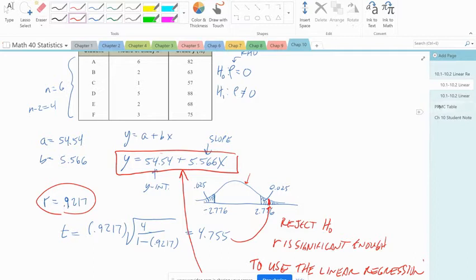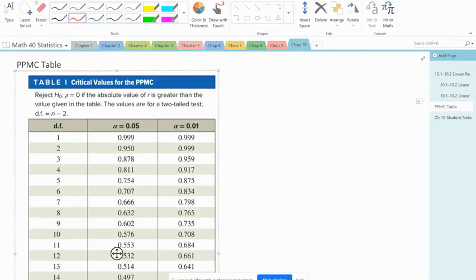I also linked it on the course assignment listing, and it's also in the student docs folder. Look for table I, the PPMC table. It looks like this. Using this table, our degrees of freedom was 4, and this is always a two-tailed test, and ours was 0.05. So the value we get here that we're going to compare R to is 0.81 or 0.811.